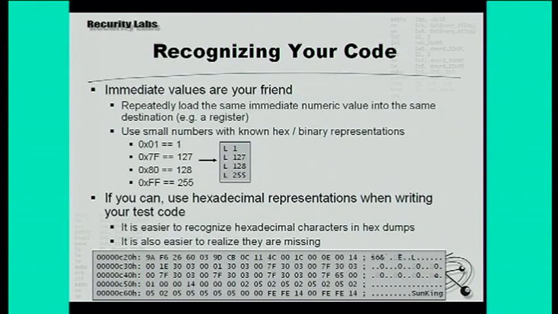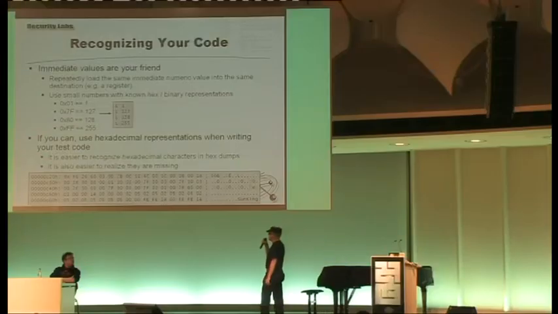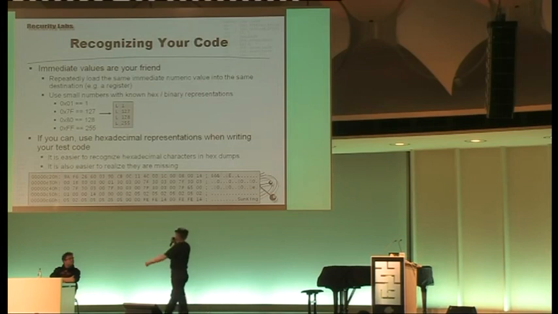That's the easiest way to recognize the pattern when you look at the hex dump. If you can, use hexadecimal notation right away, because if you type hex, then it's easier to recognize it, or recognize if it's missing. So here we have a case where I just loaded 7F frequently into the code.